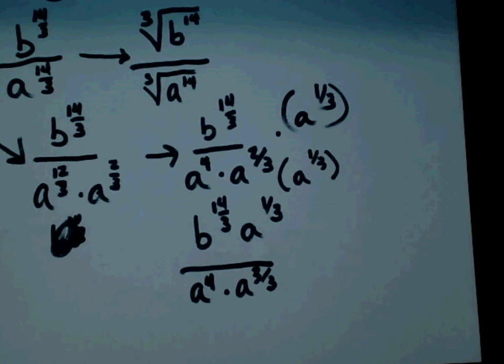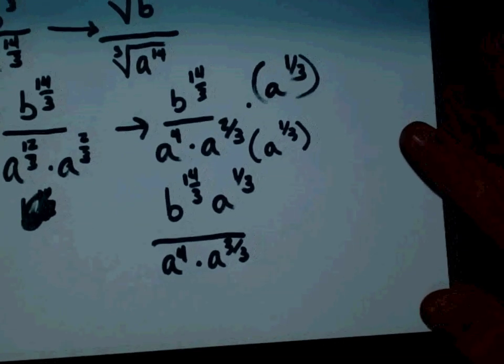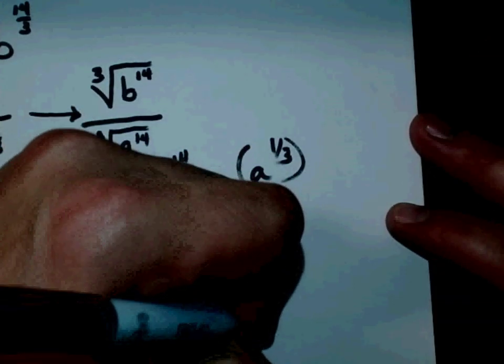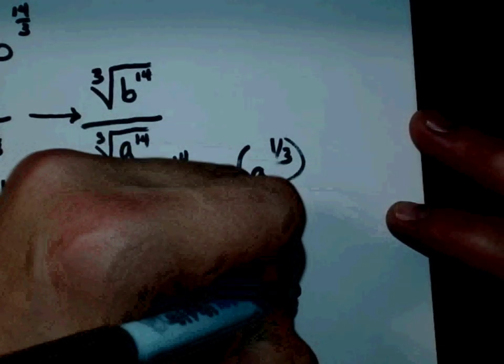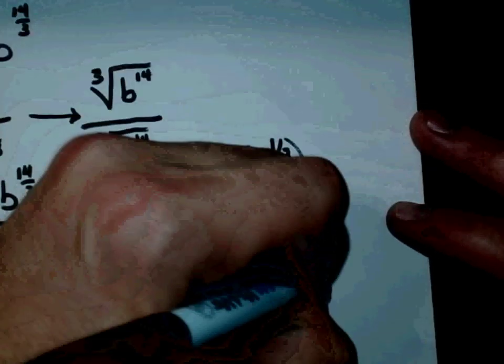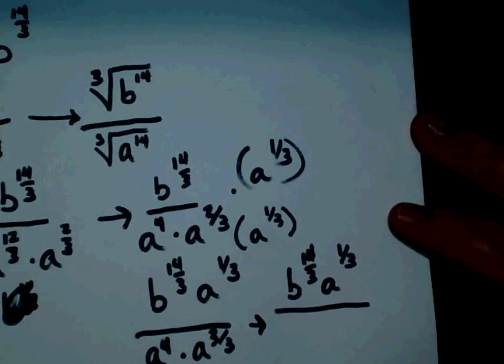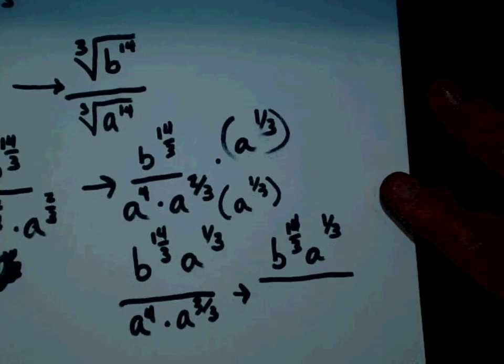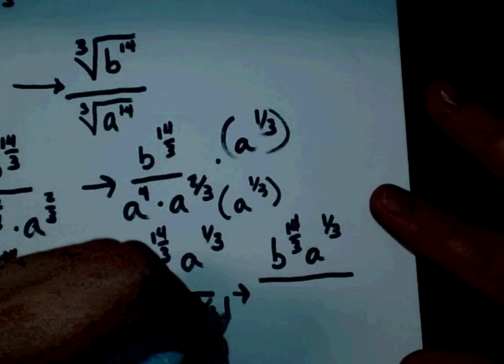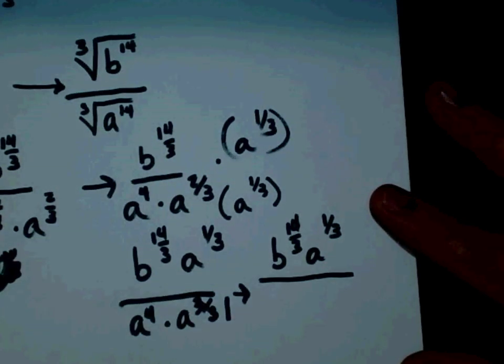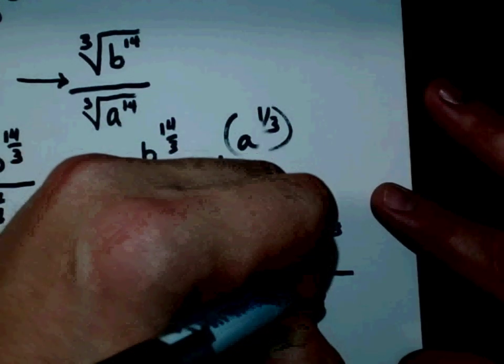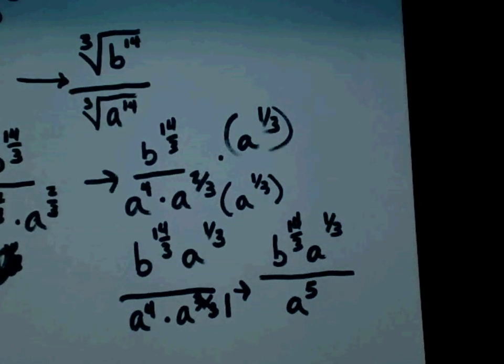I know I'm showing more steps here, and some of you quit when I show steps, but at least you're getting to see the steps of what's happening instead of me cutting them out. All right? And so this finally becomes, so I can save room here, top doesn't change. Three over 3 becomes what? 1. This becomes 1. And that becomes a to the 5th on bottom.